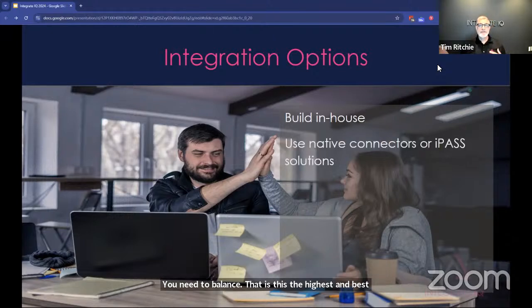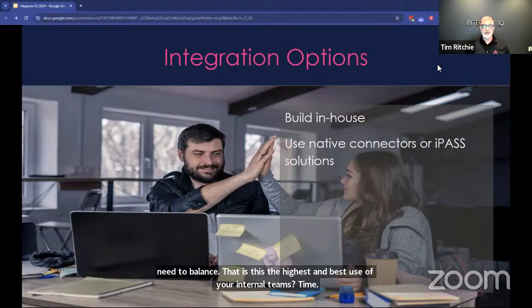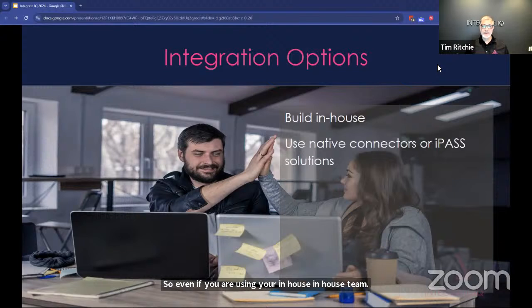Even if you are using your in-house team, you have a couple of different options. There are native connectors, and a growing number of them, in the HubSpot marketplace. And there are a number of iPaaS solutions as well.